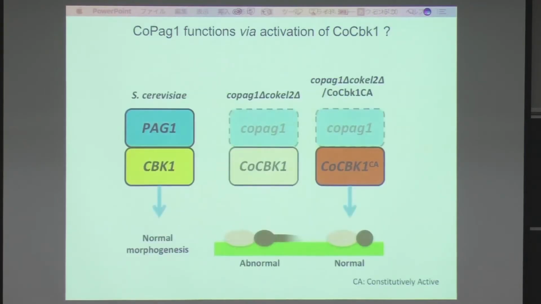So next we checked whether PAG1 functioned through activation of CBK1, like in Saccharomyces cerevisiae. If PAG1 functions through activation of CBK1, reintroduction of the CBK1 constitutively active form will restore normal appressor formation.